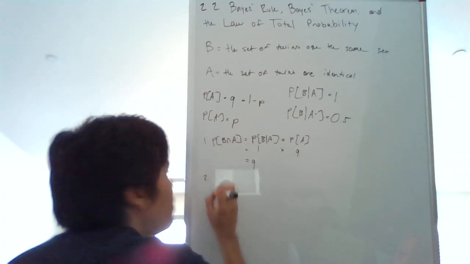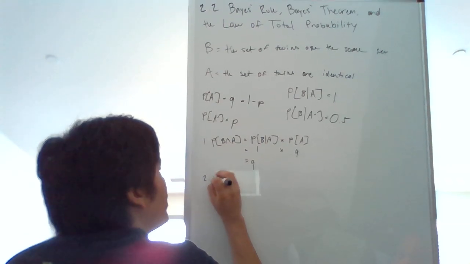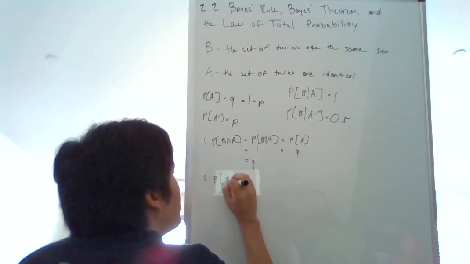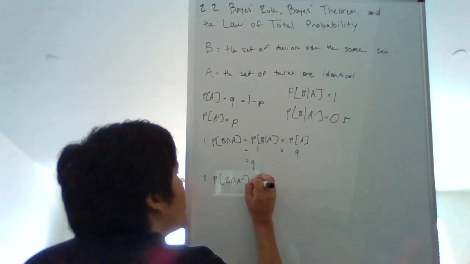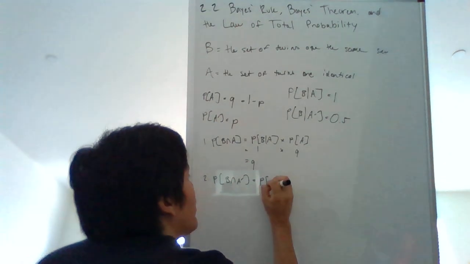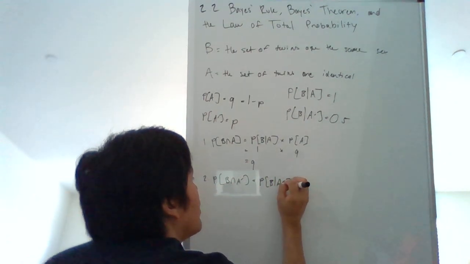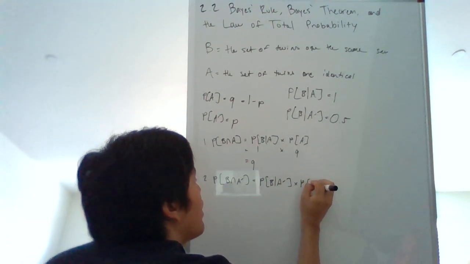Step 2: the probability of B intersect A complement is equal to the probability of B given A complement times the probability of A complement.